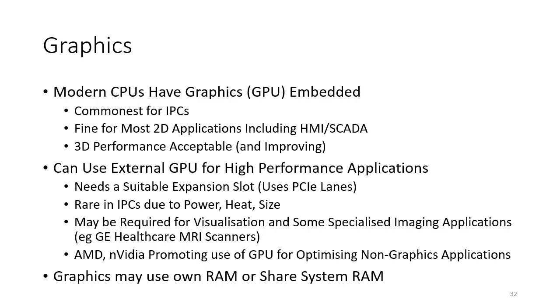Now, the other use of a GPU is that it can be used for non-graphics applications by optimizing the process you're doing. Typically, a CPU is optimized at doing multiple functions, so it's like a multi-purpose chip. But a GPU has a much more limited instruction set, and it's aimed at processing a lot of the same things over and over again, which is what happens when you have some sort of visualization using 2D or 3D.